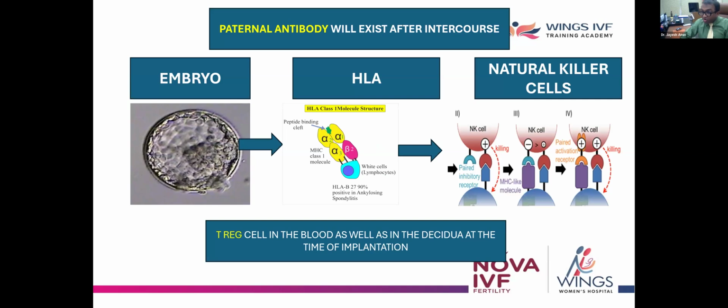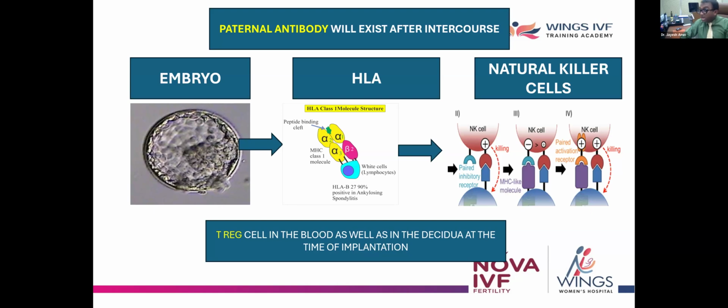On the surface of the extravillous trophoblast, every cell has an HLA receptor, called the C receptor. This C receptor will talk with the maternal immune system through a messenger protein called KIR, and then they will give the message.